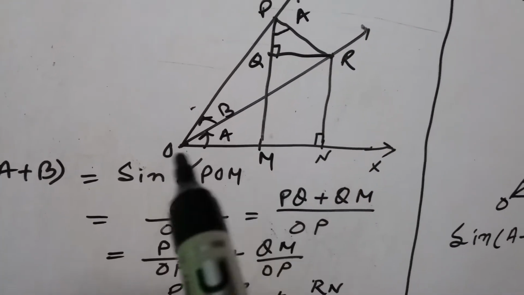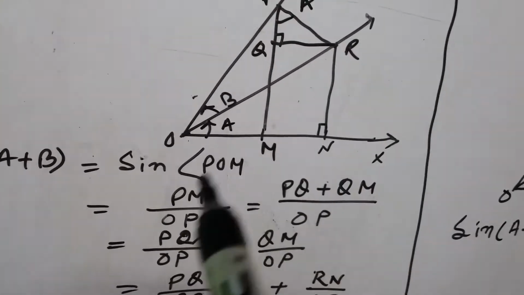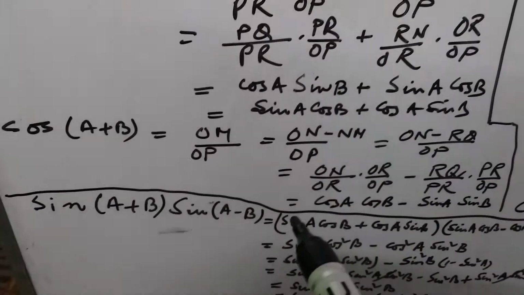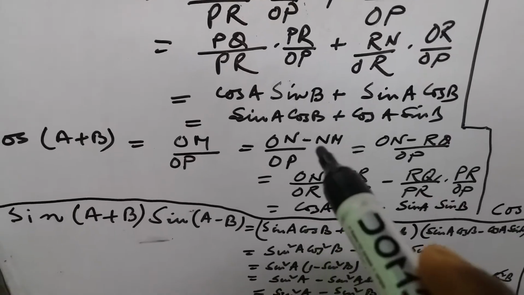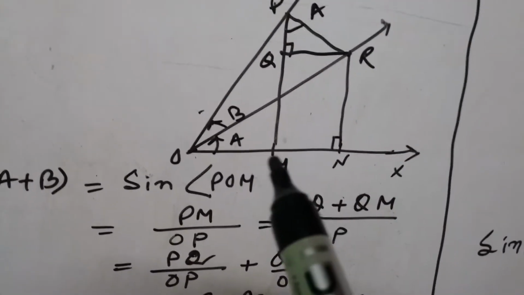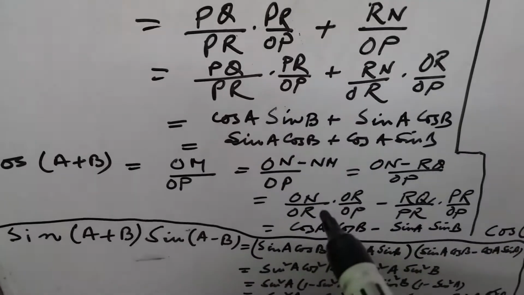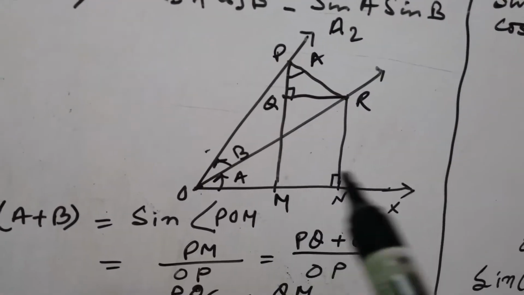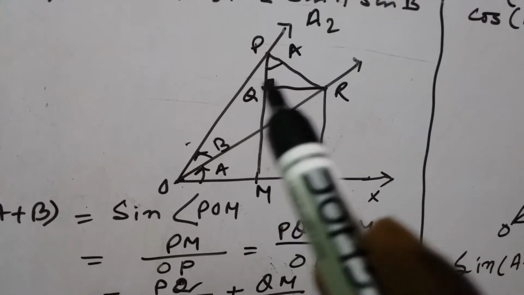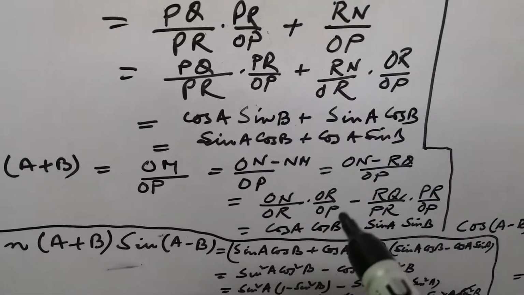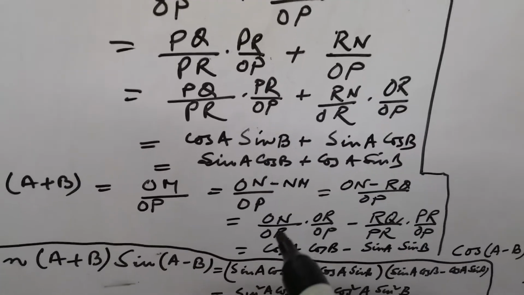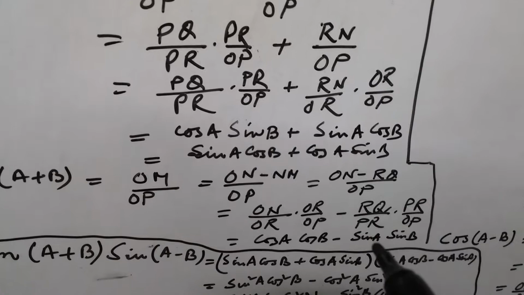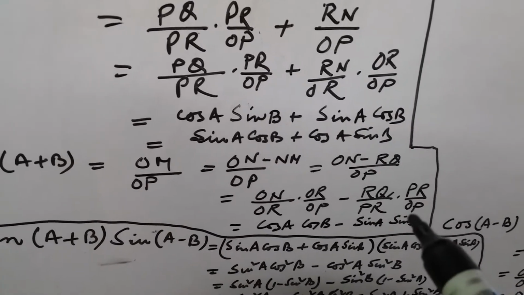OM by OP, base by hypotenuse. Now OM is equal to ON minus MN, right here ON minus MN. Okay, what is MN? MN is equal to QR, right here QR. And ON by OR by OP, right here, PQ by PR and PR by OP.